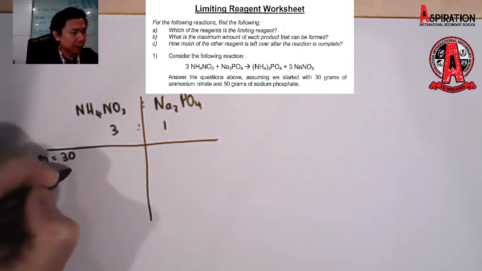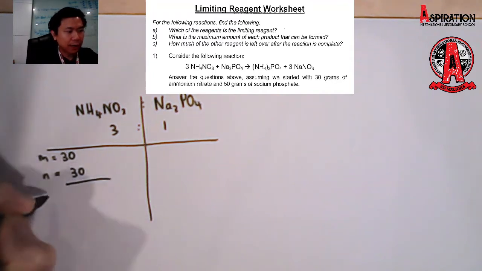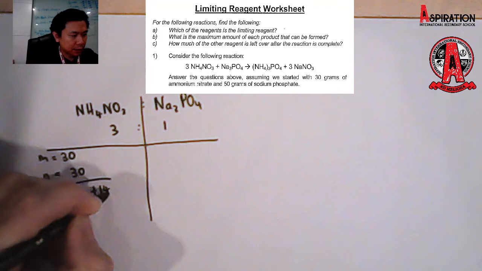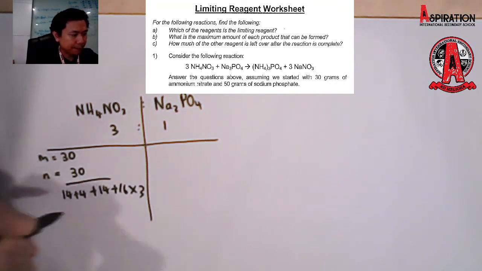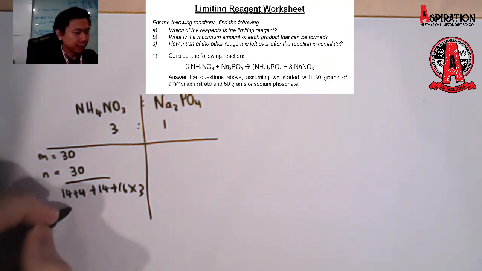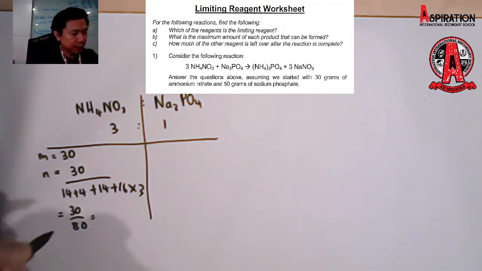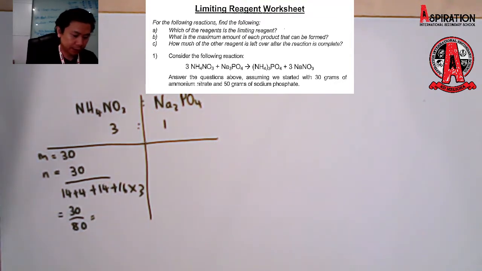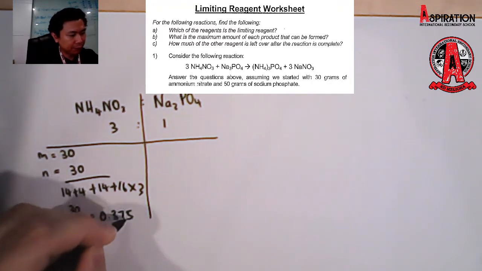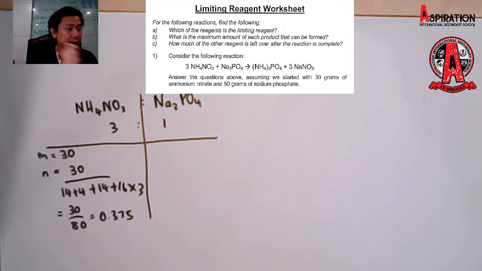The number of moles is mass over molar mass, so it's 14 plus 4, plus 14 plus 16 times 3. What does that give us? So it's 30 over 80, so the number of moles is 30 divided by 80, so we have 0.375 moles supplied by the question.